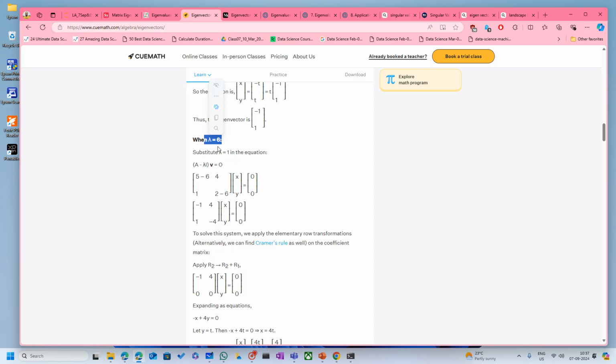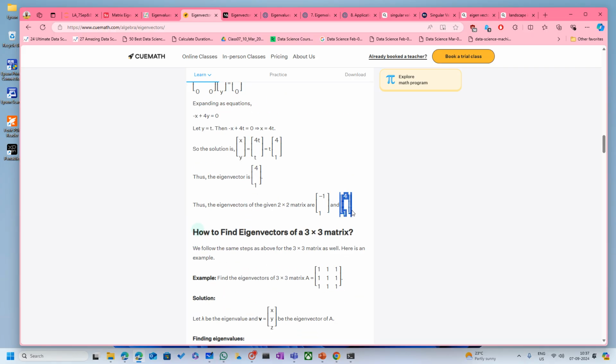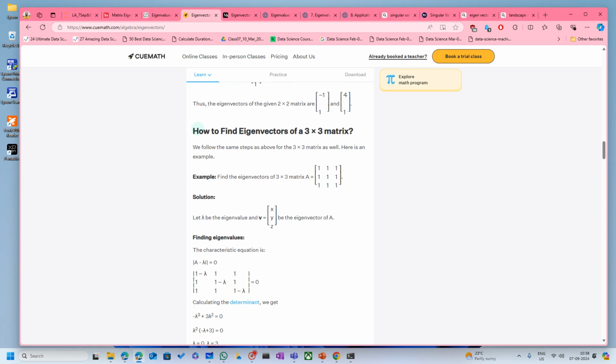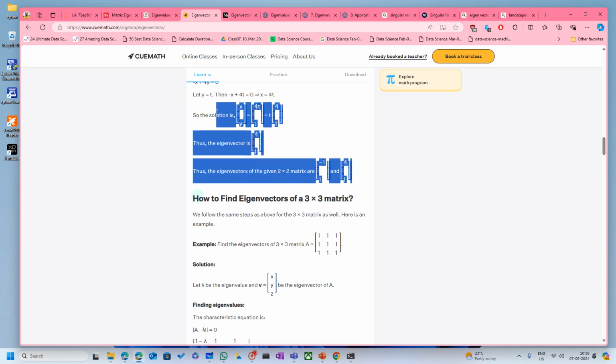Likewise, if you substitute lambda equal to 6 and do the transformation, you will get another vector, which is 4 by 4 comma 1, and this vector also exhibits the same properties: it will not change upon the transformation. If you multiply a matrix or a scalar value to it, it can only stretch, it doesn't change the direction. So that is what eigenvectors and eigenvalues are.